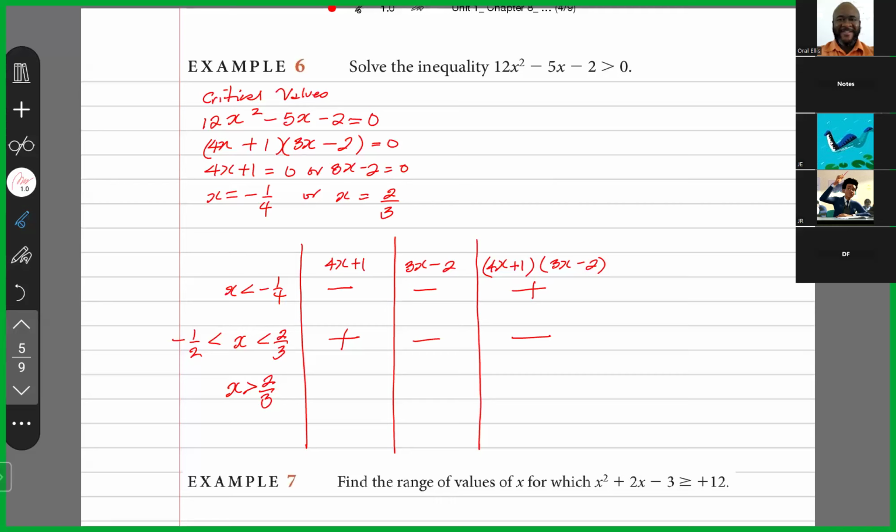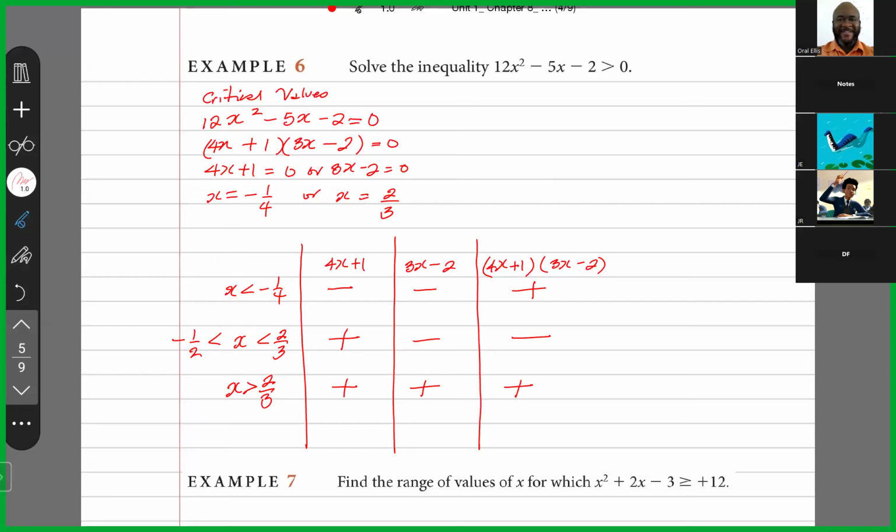If x is greater than 2/3, for example, if x is positive 1, 4x plus 1 would be positive. 3x minus 2 would also be positive. And a positive times a positive is a positive.